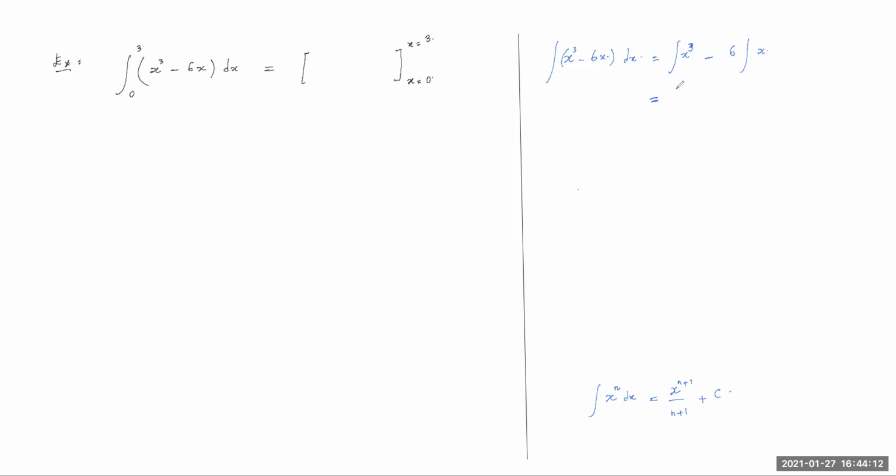So we will say x to the power 3 plus 1, over 3 plus 1. We don't need to add c now; we will add just one c at the end. Then minus 6 times, for this one, x.